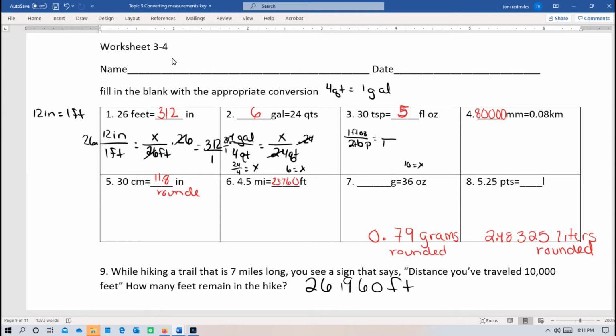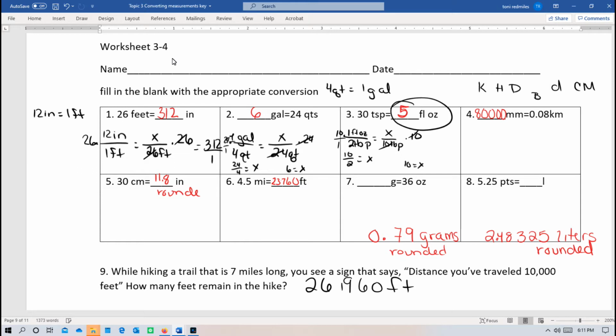And that equals 10 tablespoons, and I don't know how many fluid ounces. So I'm going to multiply both sides by 10. Cancel, put that over 1. 10 times 1 is 10. 1 times 2 is 2, and that's going to equal X. So 5 fluid ounces.